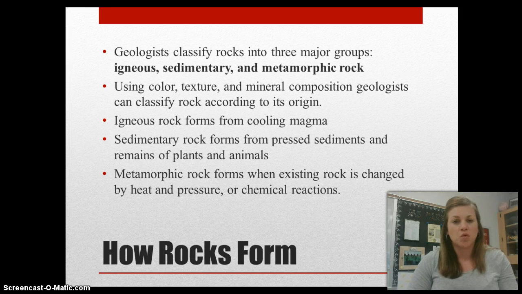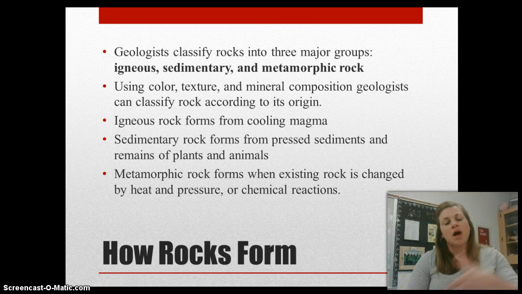Igneous rock forms from cooling magma. Sedimentary rock is going to form from compressed sediments and remains of plants and animals. So eutrophication, that process we talked about eons ago, that process actually forms sedimentary rock. Metamorphic rock forms when existing rock is changed by heat and pressure or chemical reactions. We're going to talk about all three of these and how these rocks were actually formed.